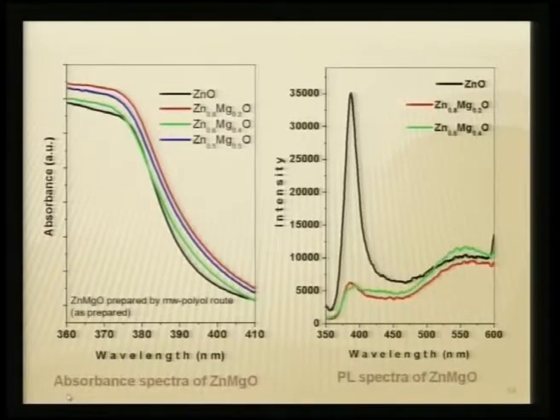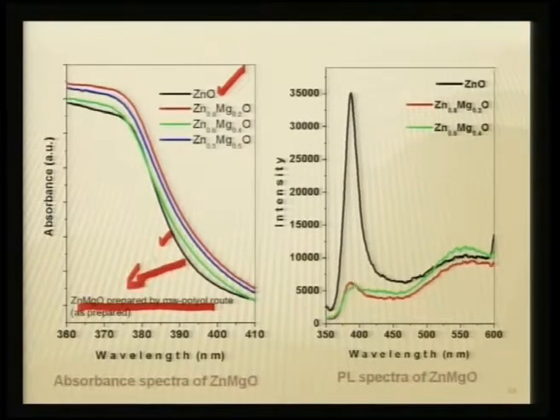If you try to probe more into the properties, if you look at the absorption spectra, absorbance versus wavelength for the zinc oxide prepared by microwave polyol route, if you take the as prepared sample, here is your zinc oxide, which is the black curve, and the magnesium doped ones are here, and you could see here for 40-50%, instead of the absorption value going down, you see the trend that it is going up.